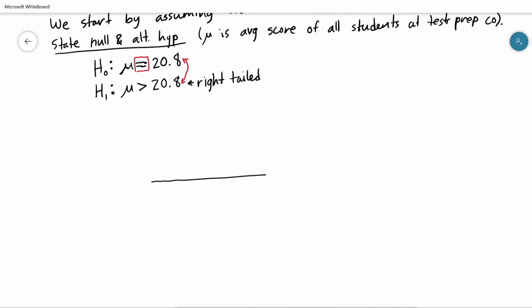So here's the picture of all the possible values that we could get in taking a sample from this group. So here's my sampling distribution. Again, that's what we've got here. I'm going to write this up here, sampling distribution. This is the distribution of all the possible x-bar values that we've got.